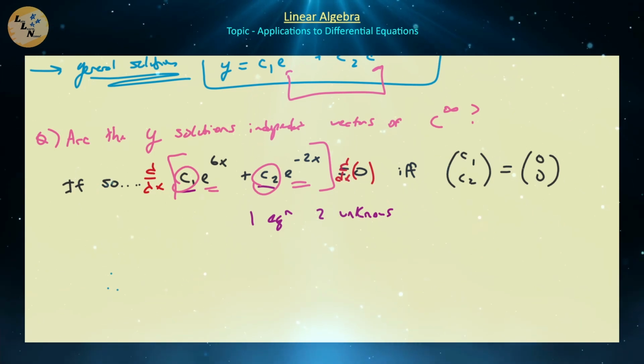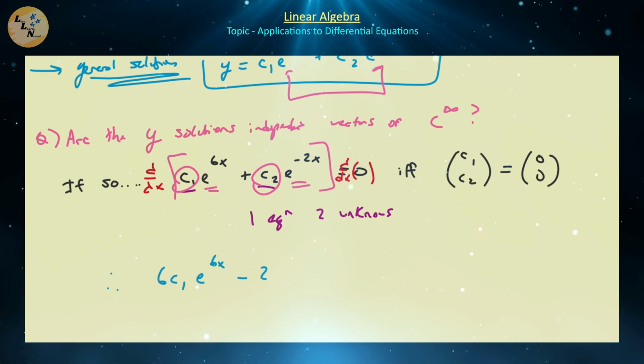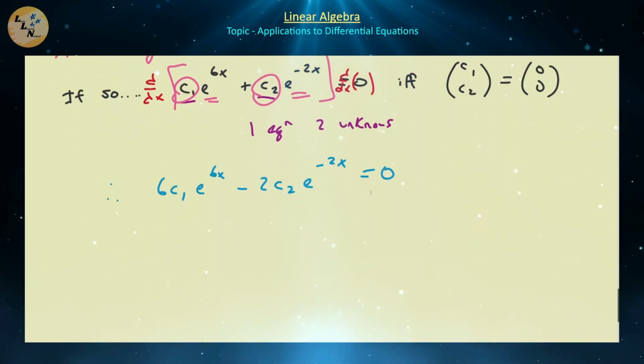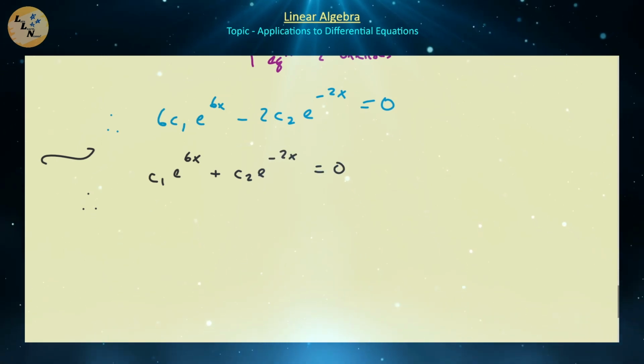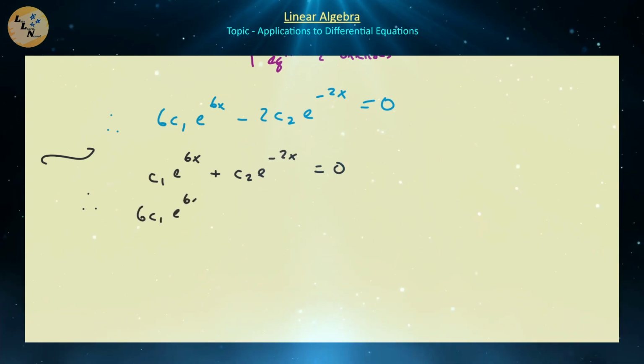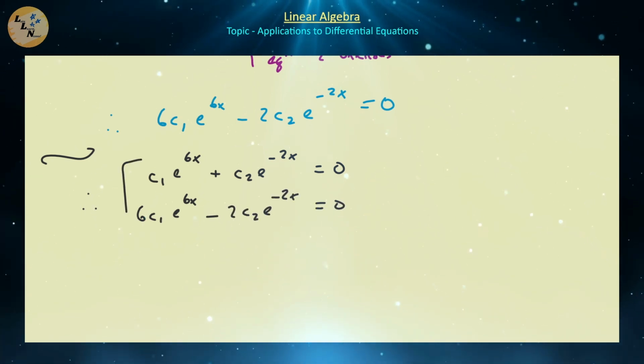When I do that, I'm going to have 6c1 e to the 6x minus 2c2 e to the minus 2x is also equal to 0. Once I have that, now I have two equations with my two unknowns. Let's write that out. c1 e to the 6x plus c2 e to the minus 2x is equal to 0, and 6c1 e to the 6x minus 2c2 e to the minus 2x is equal to 0.